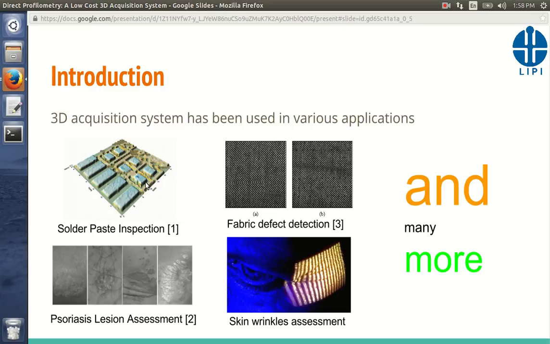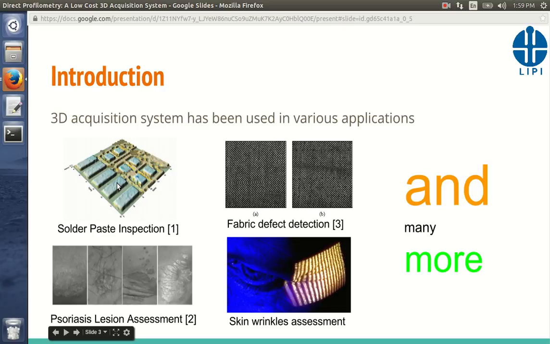Because of the small components we have now, the solder must be printed first onto the PCB, and then the components will be placed and sent to the oven to get the heat, to make the solder paste melt and attach the component to the PCB. So for solder paste inspection, this application is getting more and more important, especially to know the volume of each solder paste.